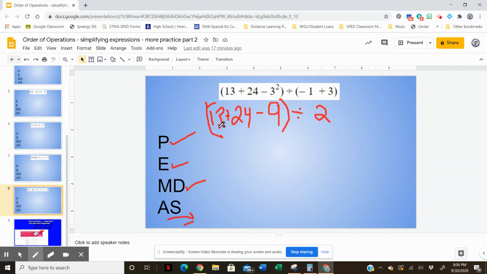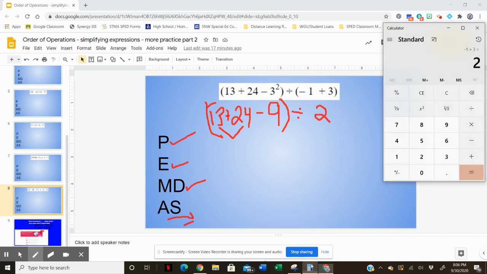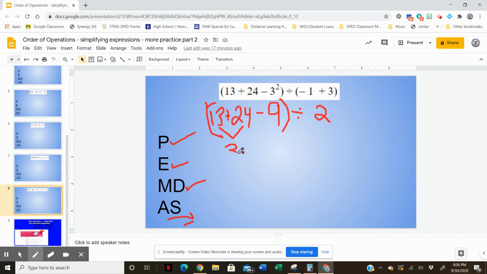So when I go left to right, I'm going to start with 13 plus 24. And I'm going to write it out, plus 24. And that's 37. 37. I'm going to write out minus 9 because this is going to help me to keep from getting my numbers mixed up. It's going to help me to not miss a step.